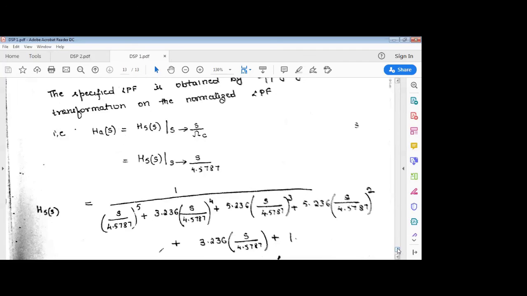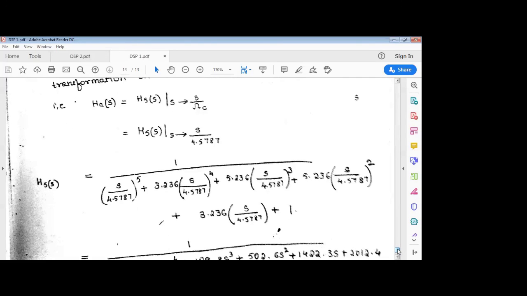So referring to your table, after substituting it, I'll be getting H5 of S, which is nothing but 1 over the expression with, in place of s, s divided by 4.5787.